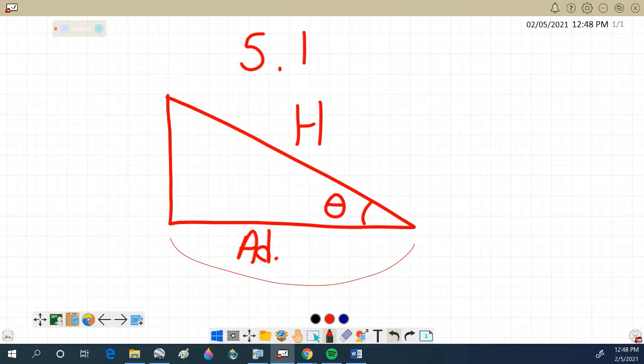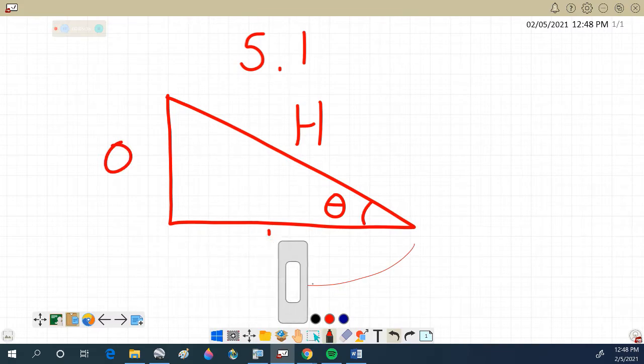And then theta opens up and creates this side over here on the left. We call that side the opposite. And because we're lazy, we just say O and A. So adjacent means next to, opposite means opposite.